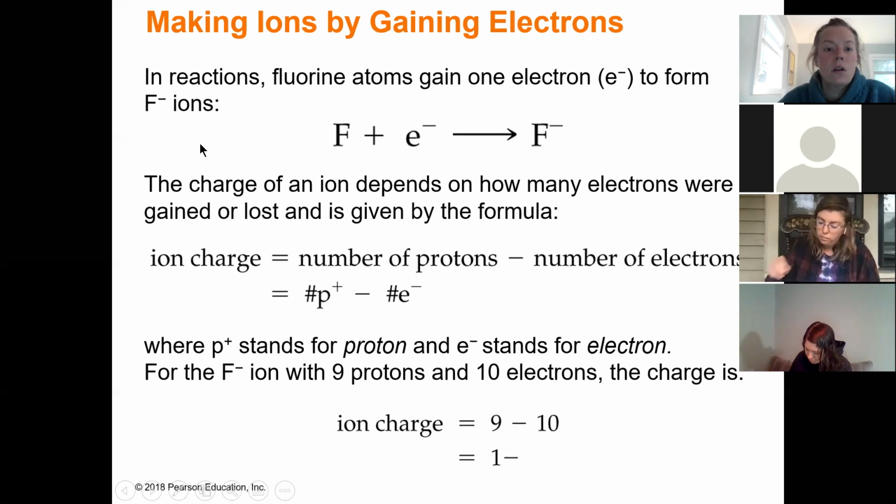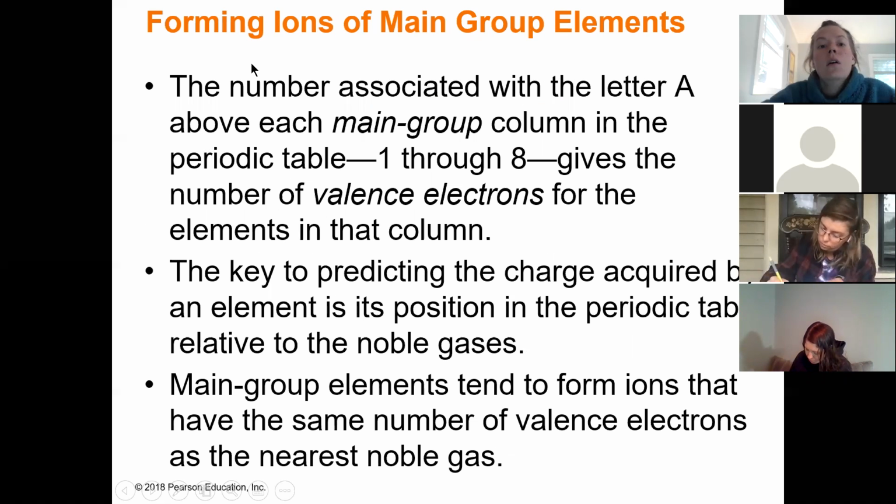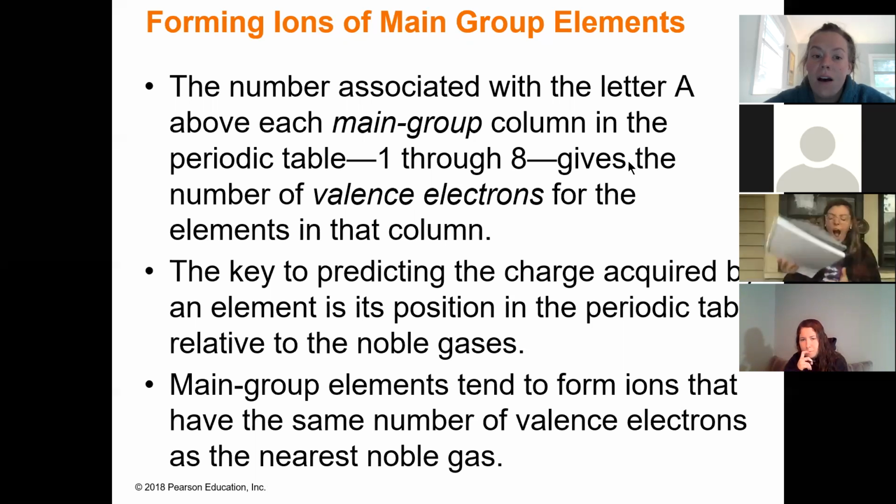So, forming ions of main group elements. Remember we defined our periodic chart into main group elements and then transition metals. My main group elements were column 1, column 2, and then the 6 columns on the right. We like those main group elements because they tend to have a very specific charge.